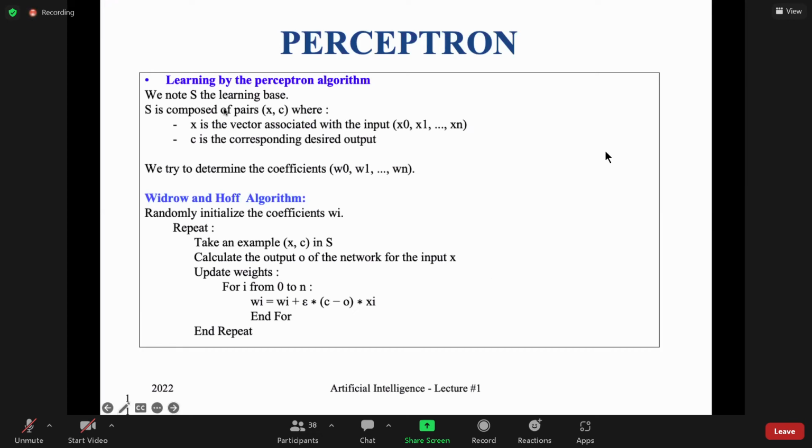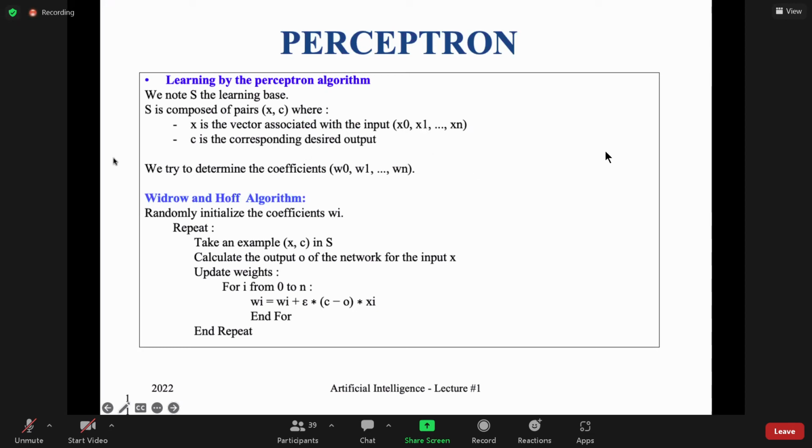Okay, so from a mathematical point of view, if the notation for this learning database is S, I select in S the input vector x0, x1, xn, and so on. So for example, it could be the rectangularity, circularity, or if we consider the flower example, it will be the width and the length of the sepal and so on.